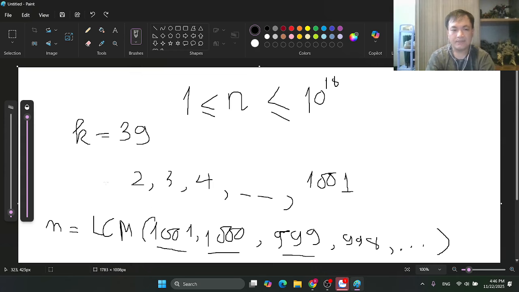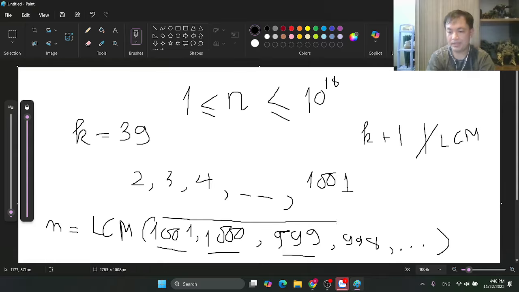So if k plus 1 is not in the LCM, so that means all of these numbers will be eliminated, and all of the divisors here will be eliminated because we don't need them.